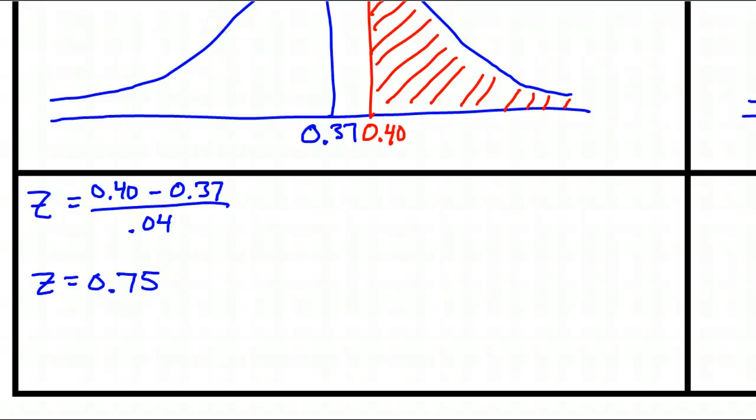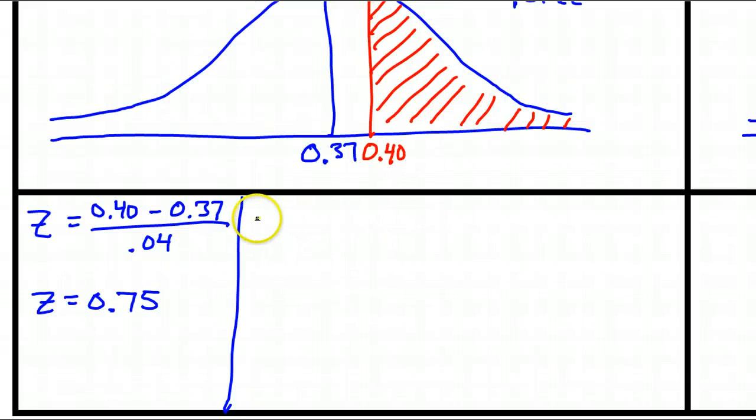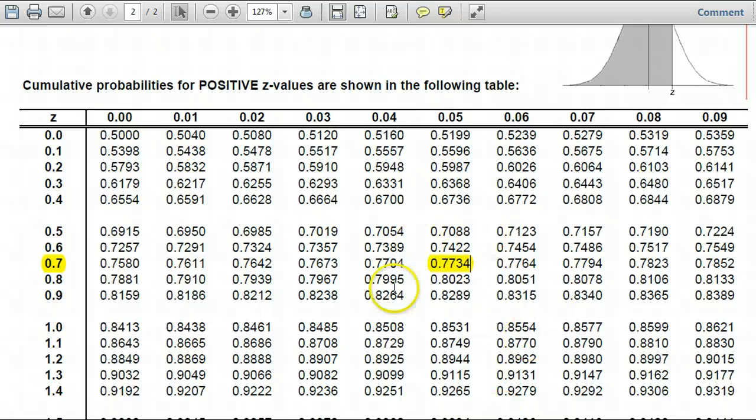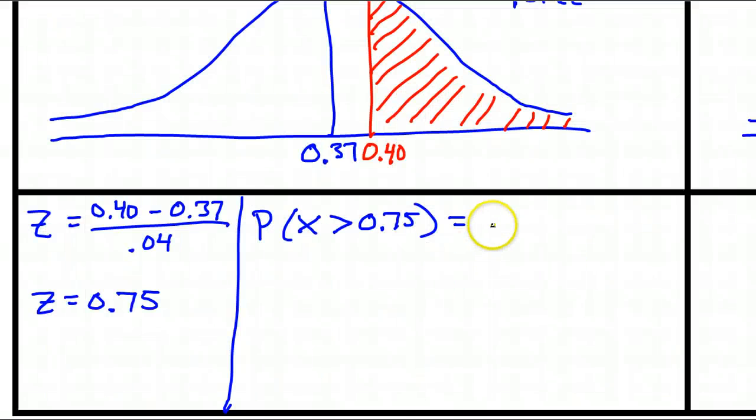Now we shall use that z-score to find this proportion. Okay, so we are looking for the percentage of x values that are greater than this z-score. Question. Am I allowed to just use the values that I find off the chart, or do I need to do 1 minus the values from the chart?